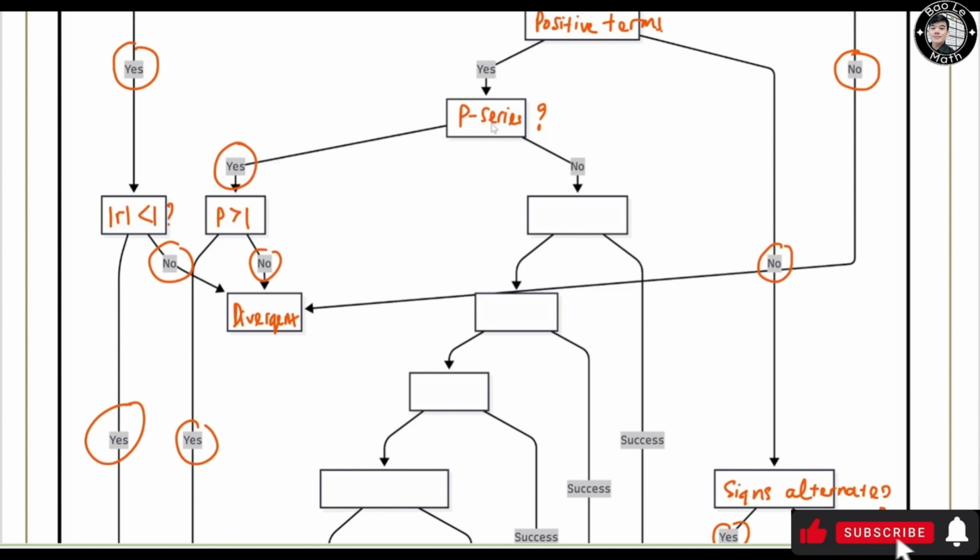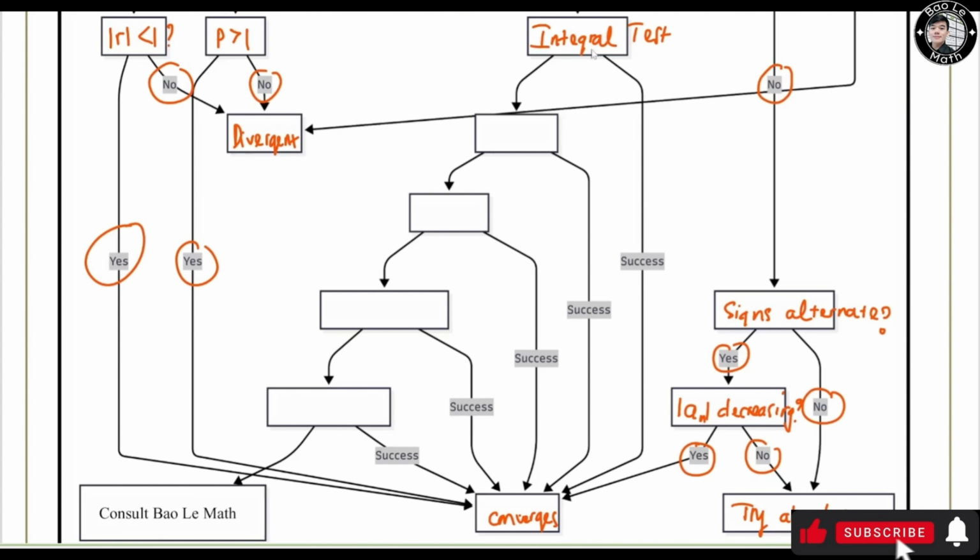Now, what if the series right here is not a p-series? Think about the integral test. Now, if this one works, the series converges. If you cannot use the integral test, think about the ratio test. If you succeed, then the series converges.